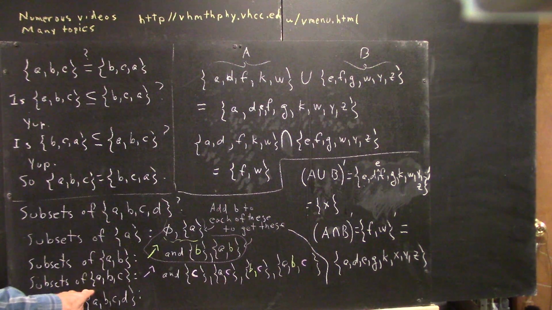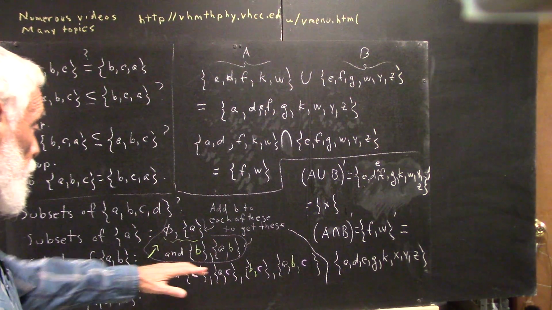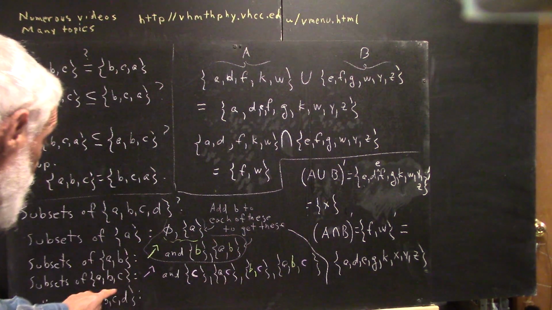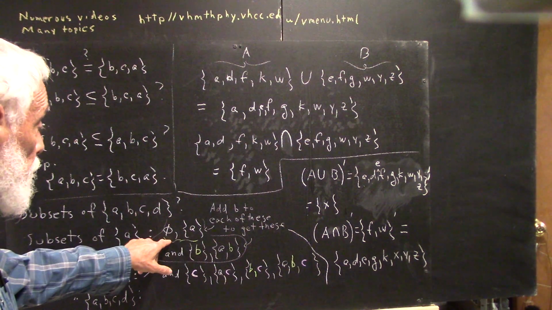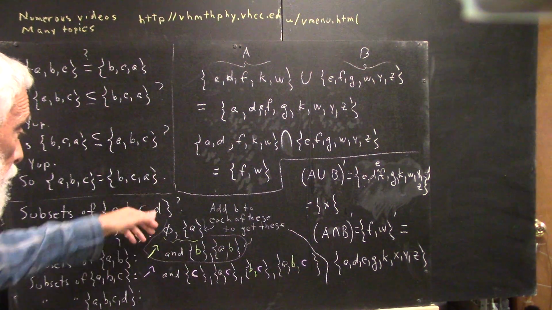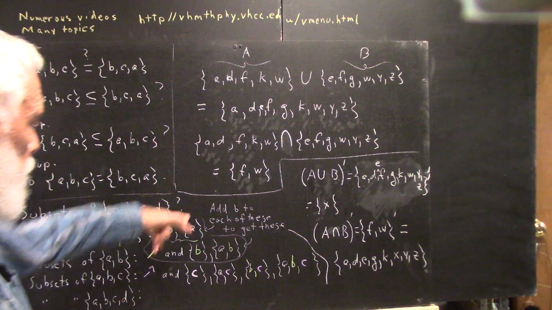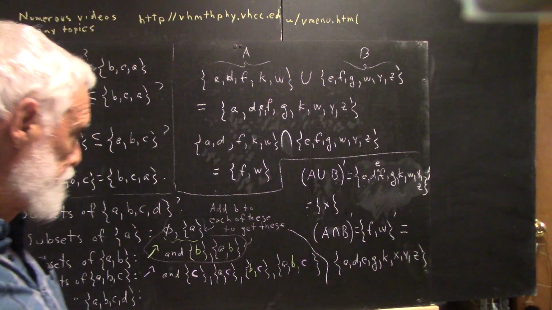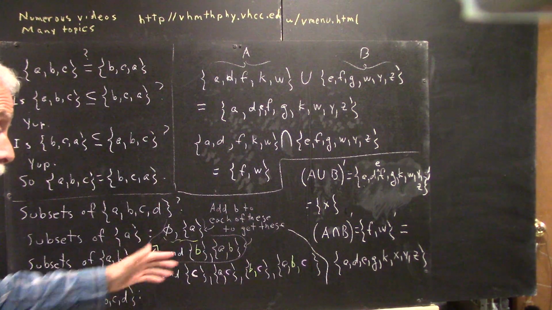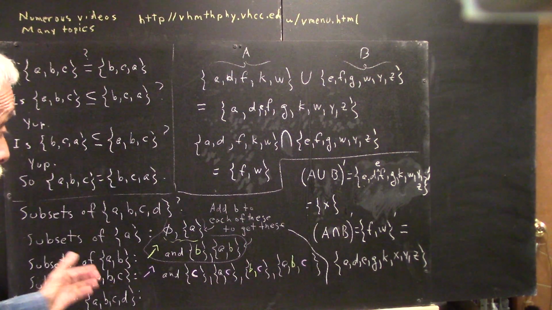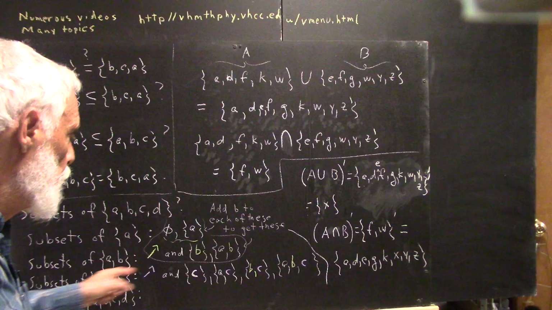Now, if we add C to the set, well, first of all, these are subsets of this because they're subsets of A, B, and these are subsets of this because they're subsets of the set with just A. So if to each of these four subsets we add the element C, because none of them has the element C, we're going to get, for each of these, a new subset.